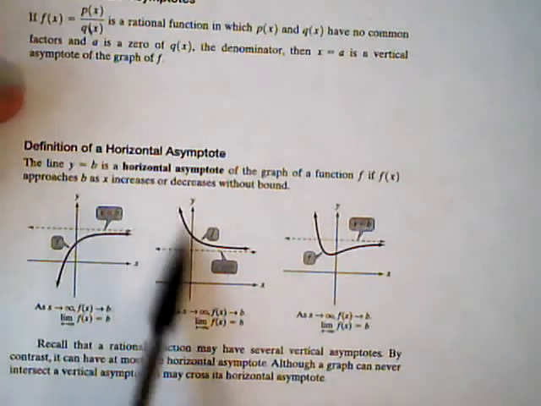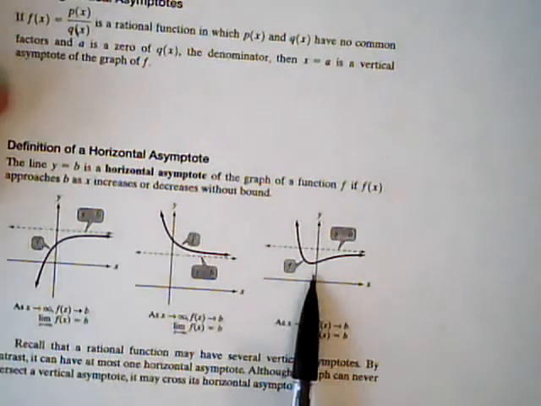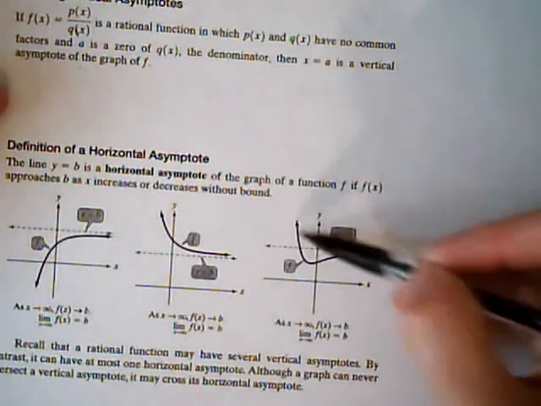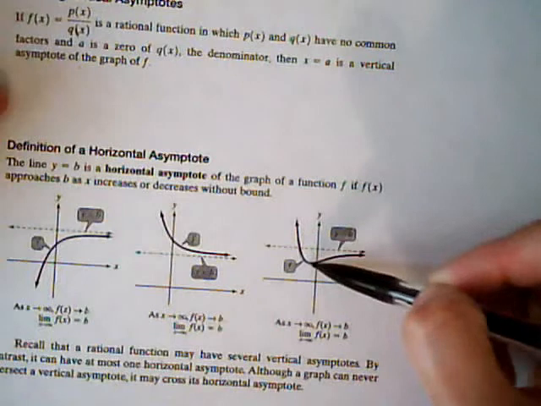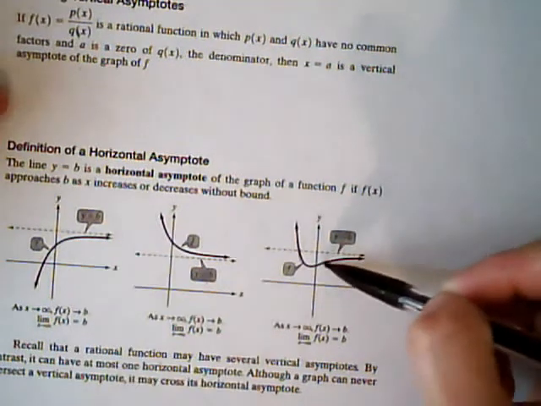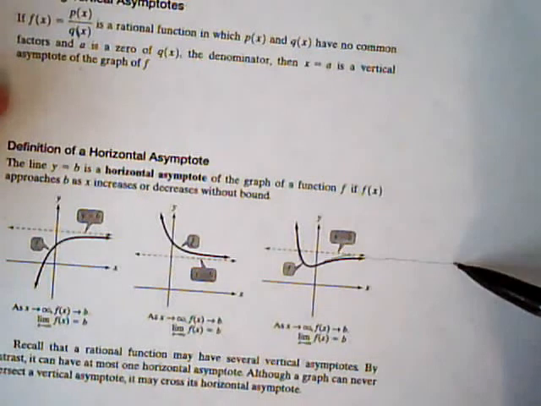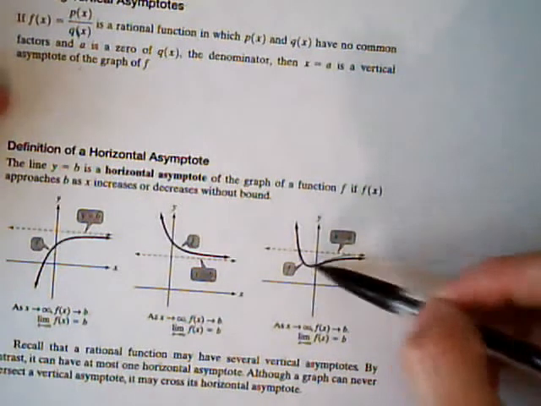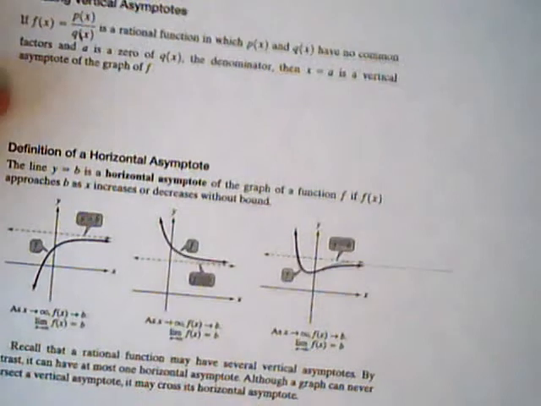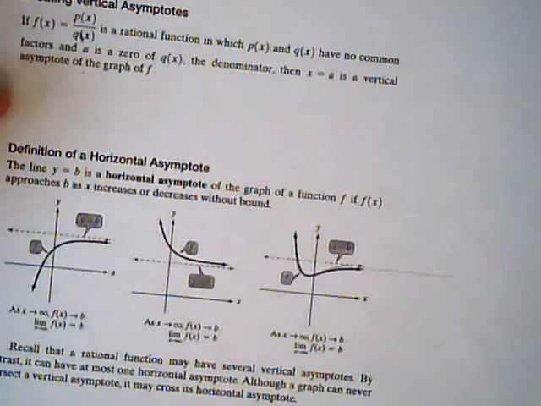Same thing here. But this graph, if you notice, it actually comes down, crosses over, but kind of the end behavior is that it approaches that horizontal line but never crosses it again. Okay, but it may intersect it one or more times and then kind of follow that pattern of just approaching it but not crossing it.